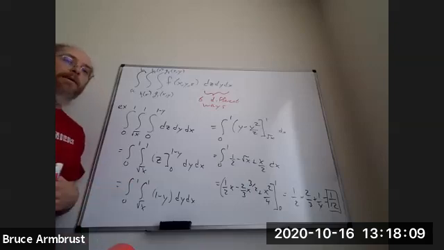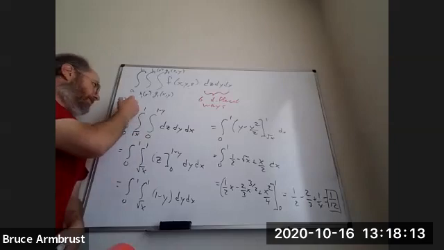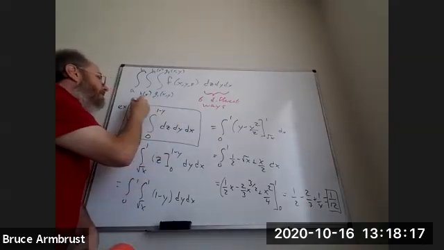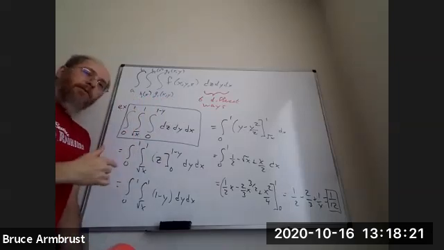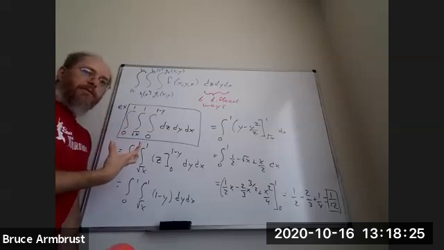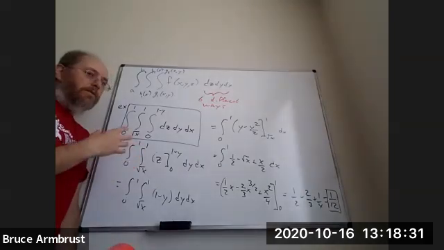Okay, but now let's do this. Let's go back to this original triple integral, the one that we just calculated the value for. I want to see if we can get a picture of the region in space over which we're integrating. Because with triple integrals, that's what we're doing.